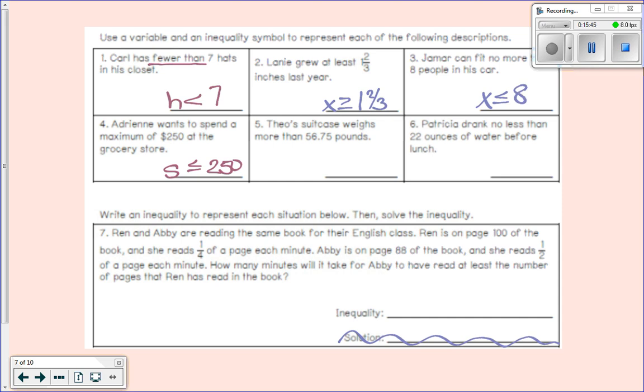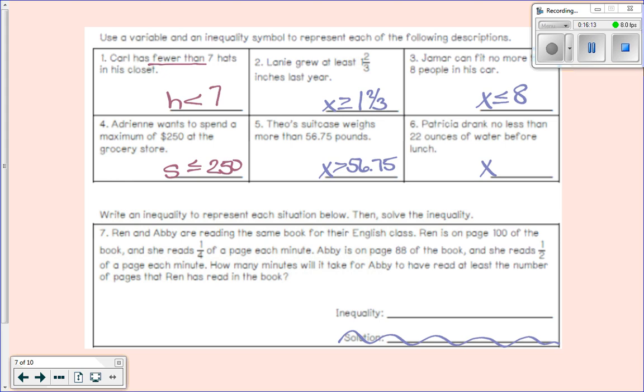All right. Number 5, Theo's suitcase weighs more than 56 and 7,500 pounds. Oscar, what you got? Greater than? You got it. Greater than what? 56 and 75. Good. Number 6, Patricia drank no less than 22 ounces of water before lunch.